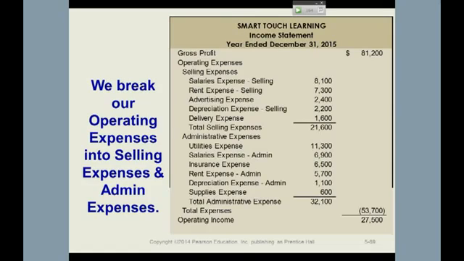So you see this term EBIT, that's earnings before interest and taxes. So operating income is sometimes called earnings before interest and taxes. And once again, I want to know what you earn outside of interest income or interest expense.